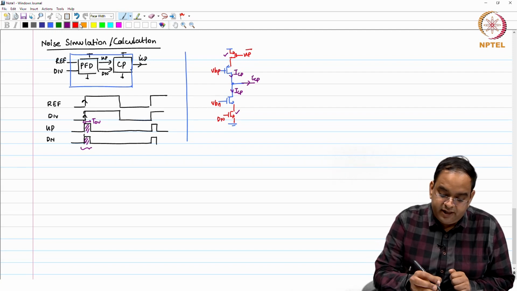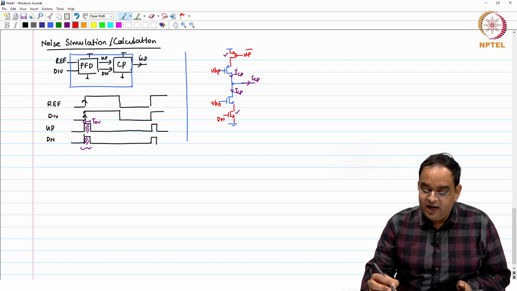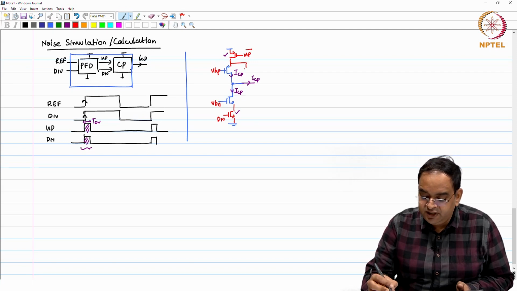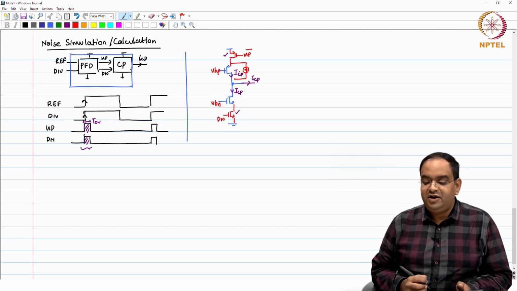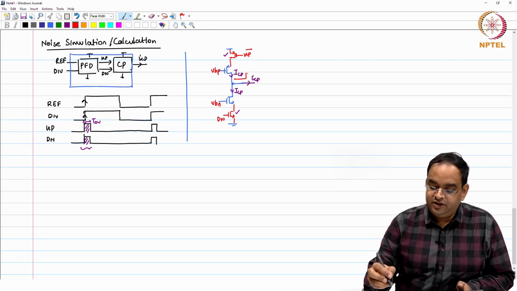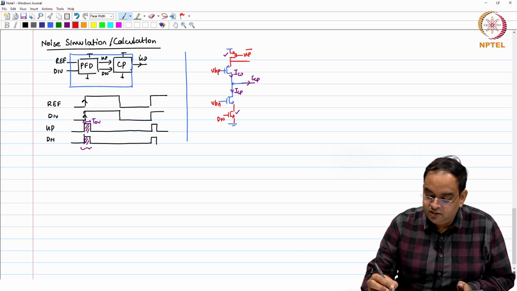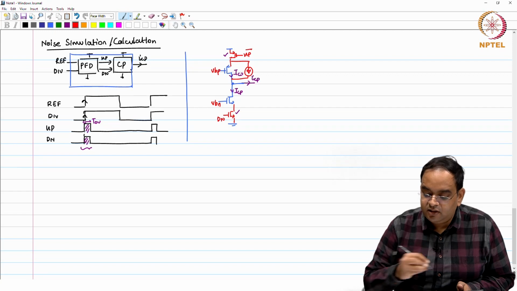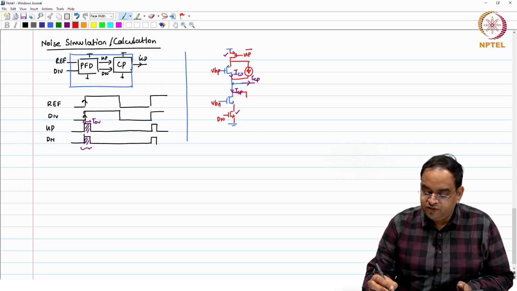But when you have a MOSFET, it comes with its noise current also. We have seen some kind of modeling. With respect to the charge pump, you get the noise current, and each MOSFET will have its own noise current.